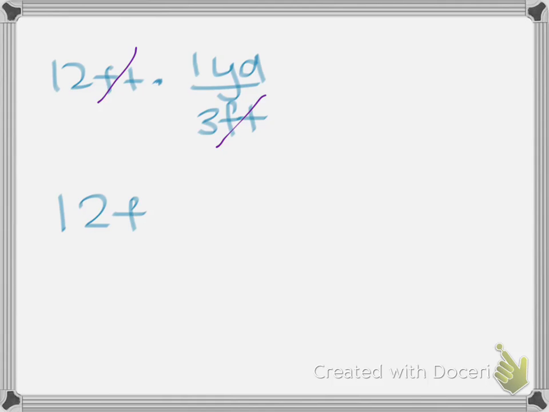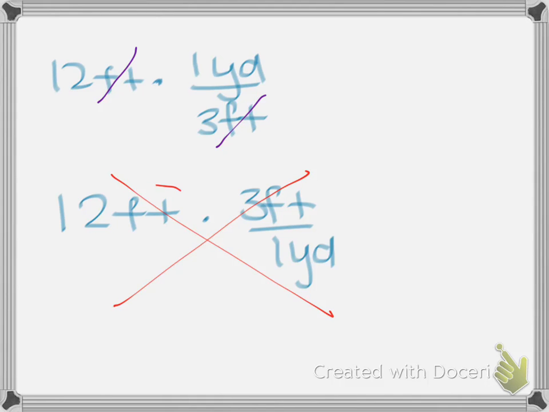However, 12 feet times 3 feet on the top and 1 yard on the bottom is not correct. And the reason this is not correct is because you can't cross simplify anything out. You've made the problem twice as bad. Now you technically have 2 feet on top. So that's why that particular method won't work. Go ahead and pause the video now and you can try E, F, and G on your own.